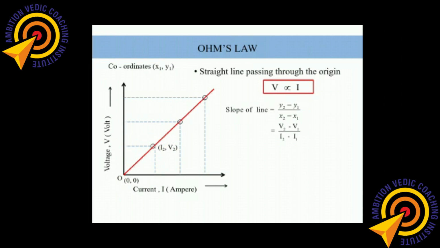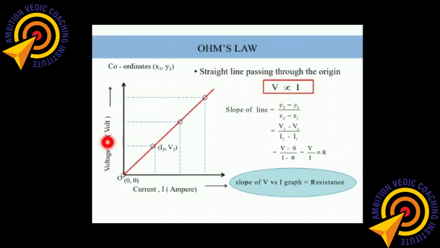Let's suppose V2 is equal to V and I2 is equal to I. If we substitute in this expression, where V1 is 0 and I1 is 0, we end up getting V by I, and according to Ohm's law, V by I is equal to R. So just by looking at the graph and calculating its inclination, we can say what the resistance of a wire is. The slope of a V versus I graph, with voltage on the y-axis and current on the x-axis, always gives us the resistance.